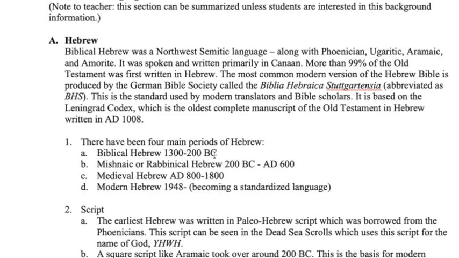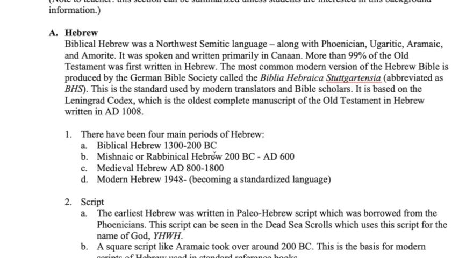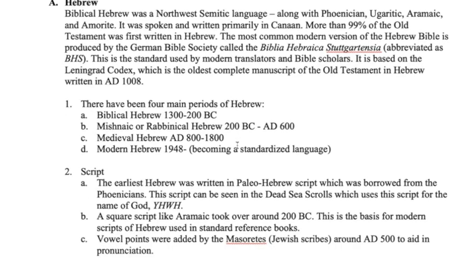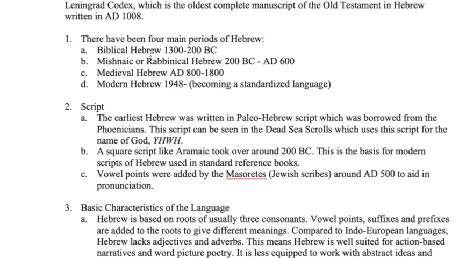All right, so that's called the Masoretic text because the Masoretes were a group of Jews who put in the little dots and dashes. The original Hebrew only had consonants. So I'll show you about that a little bit here in a minute. There have been 4 major periods of Hebrew. Biblical Hebrew, which is what we have in the Bible, was spoken from 1300 to 200 BC.